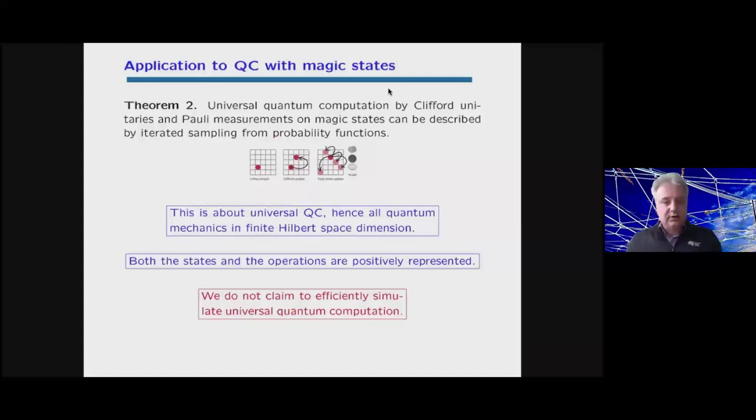Okay? Again, universal quantum computation positively represented. So this is about universal quantum computation, hence all quantum mechanics in finite dimensional Hilbert spaces. Both operations and states positively represented, no claim of efficiency after simulation.